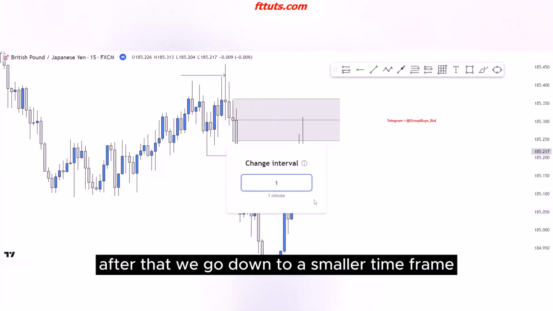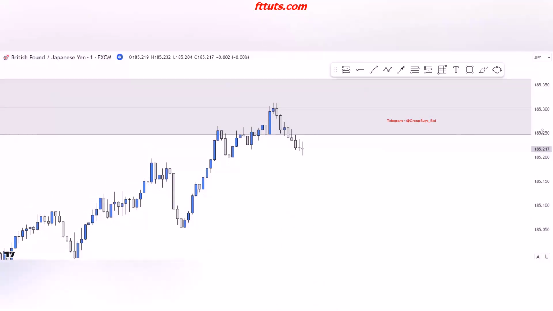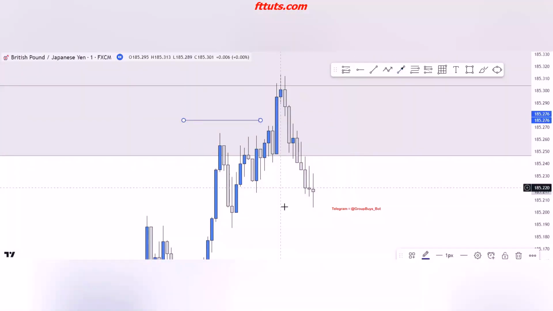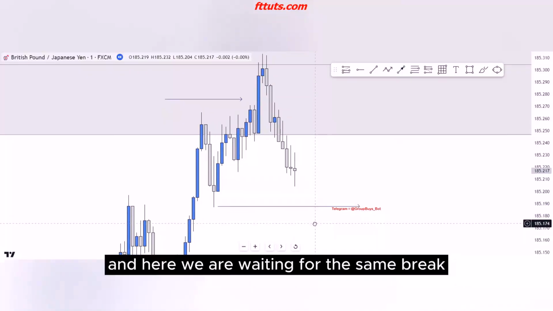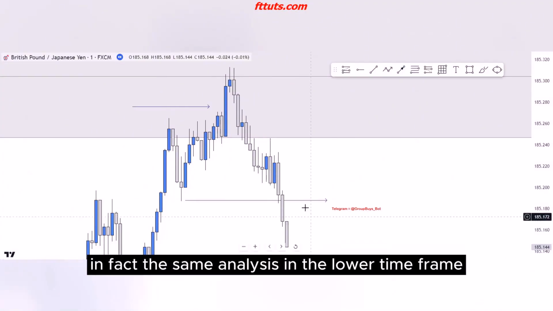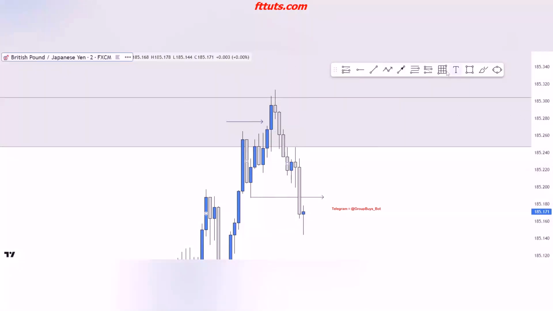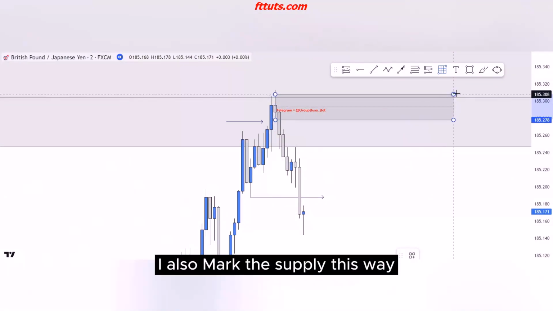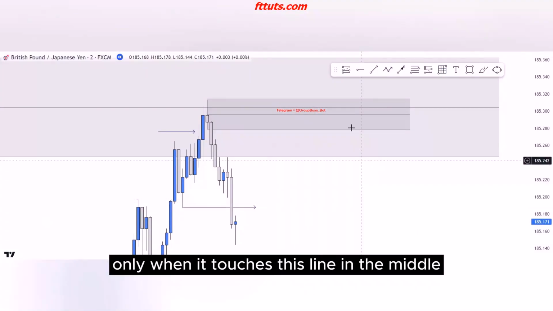After that, we go down to a smaller time frame. And here we are waiting for the same break, in fact the same analysis, in the lower time frame. I also mark the supply this way and wait to enter the trade only when it touches this line in the middle.